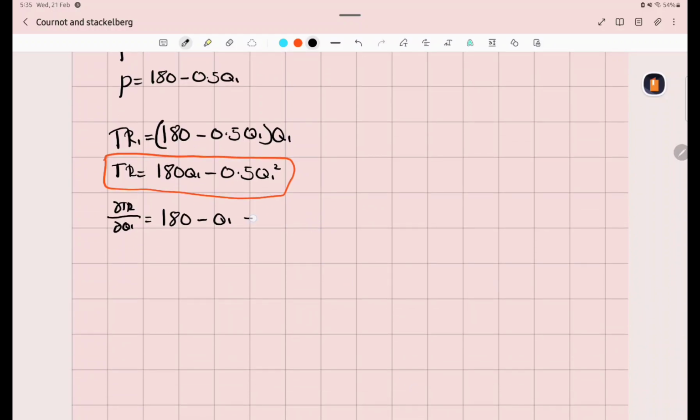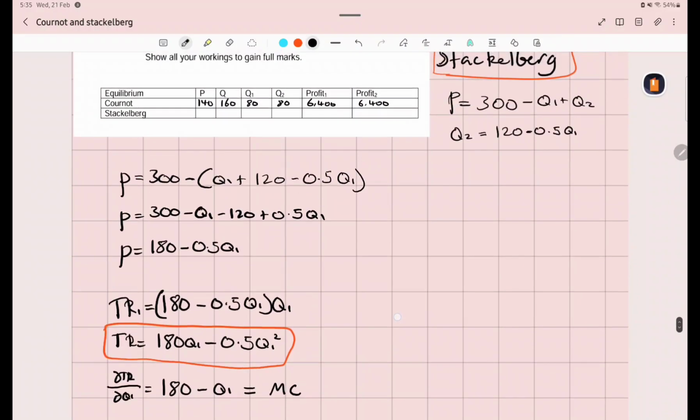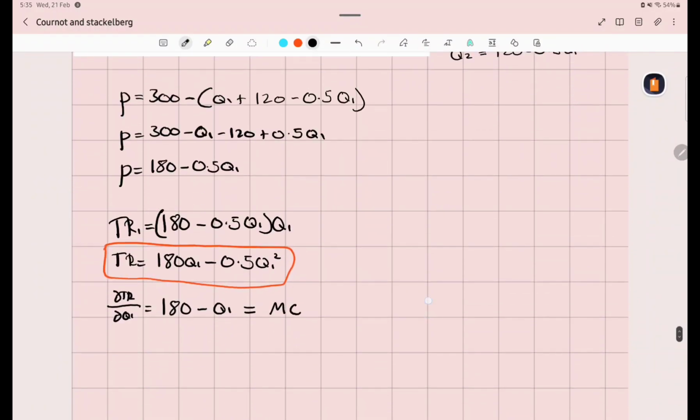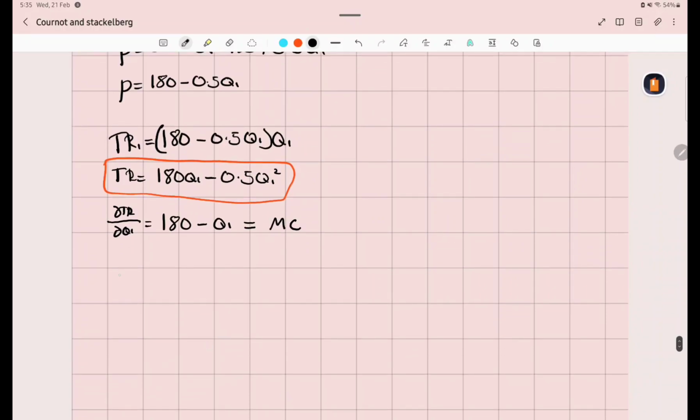And we want to equate that to their marginal cost. We know that total cost is 60Q. That is going to equal 60.